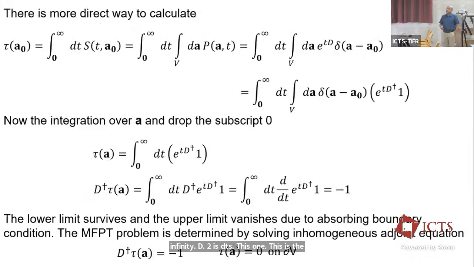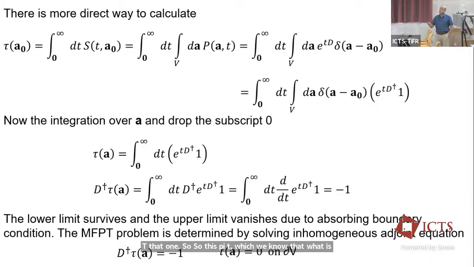So there is an indirect way of solving this mean first passage time also. If we know S(t, a0), we know what the solution is, because that is basically S(t, a0), which is nothing but the integral of dA P(A, t). This P(A, t), we know the formal solution of this distribution function, is basically an exponential acting on a delta function.